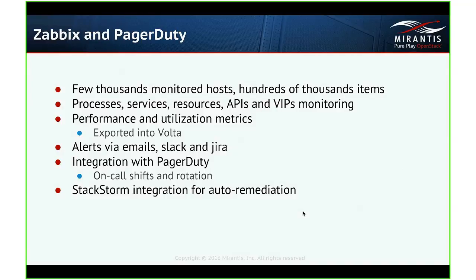We monitor things like processes, services, resources, APIs, performance and utilization metrics. We do alerts via email, Slack, and Jira. It's also integrated with PagerDuty, as I said, and recently we added StackStorm integrations for auto-remediation workflow and self-healing actions.